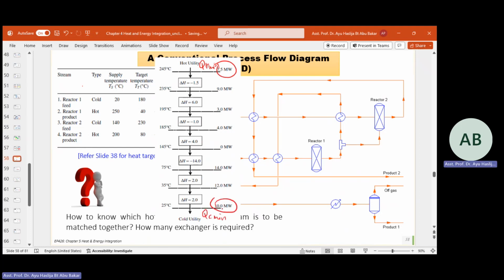This is from the previous example, slide 38. And then the pinch point at 145 degrees C. So with the pinch point at 145 degrees C, meaning that hot pinch, what temperature? What is the temperature of hot pinch? Here delta T min is 10.